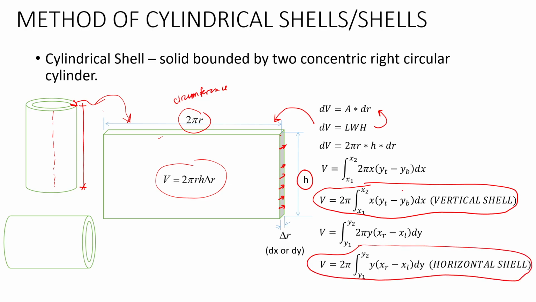So usually in the method of shells or cylinders, the unique discussion here is that earlier our strips are perpendicular to the axis of rotation. For shells, the strips that you're going to use are parallel to the axis of rotation.